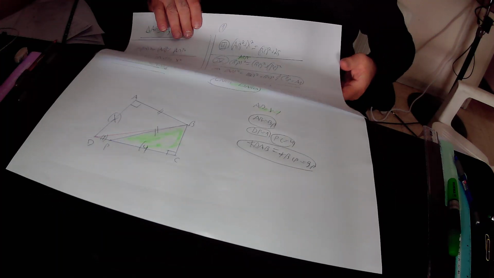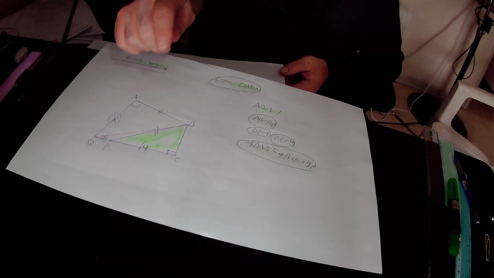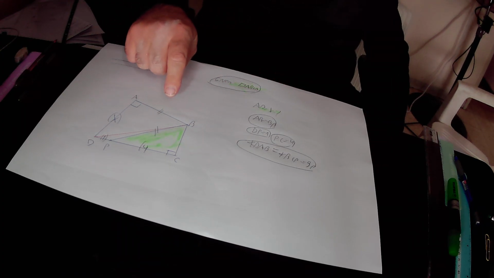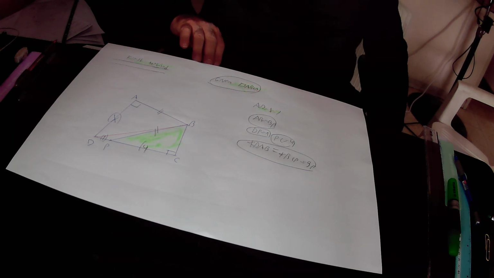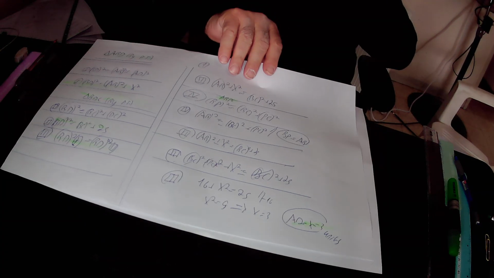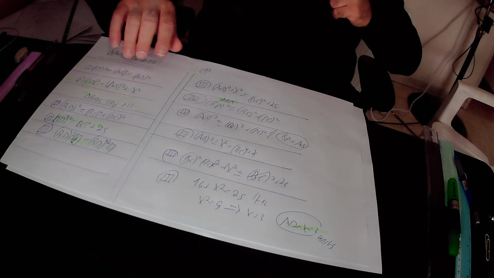Likewise, we implement the Pythagoras theorem on this right lower triangle DBC. According to the Pythagoras theorem, in this right lower triangle DBC, DB squared, that is the square of the hypotenuse, equals BC squared plus DC squared.